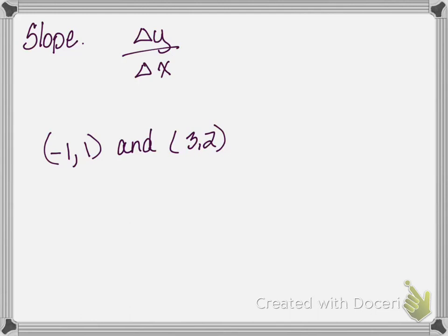Slope has all sorts of applications in life. How many of you guys know someone, or because of an injury, you've had to be in a wheelchair before? Or you have a friend or a parent or something like that. Okay? Slope plays an incredibly important role in wheelchair ramps.